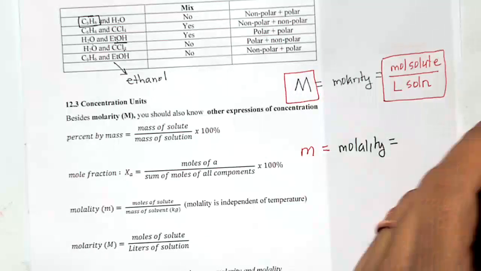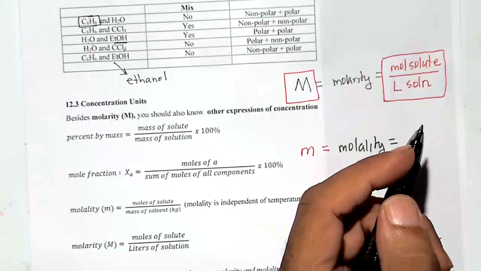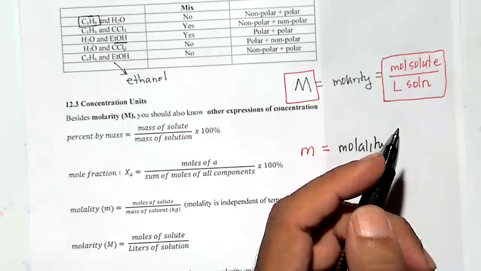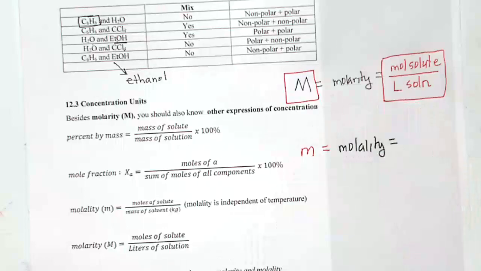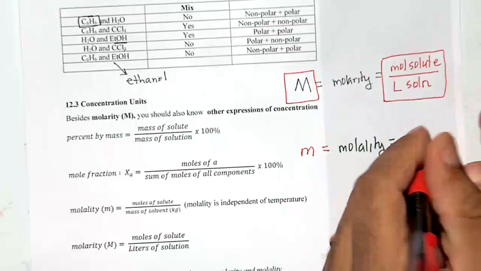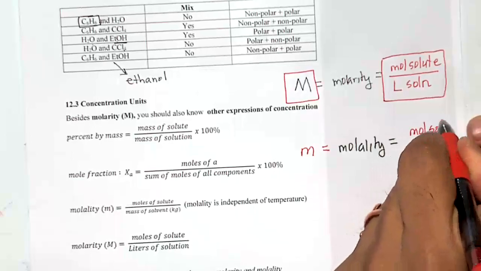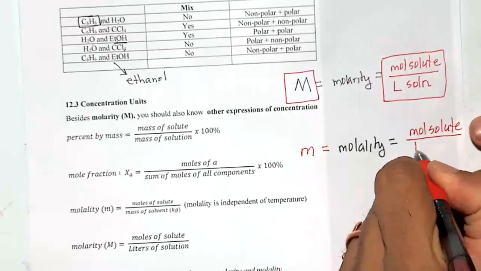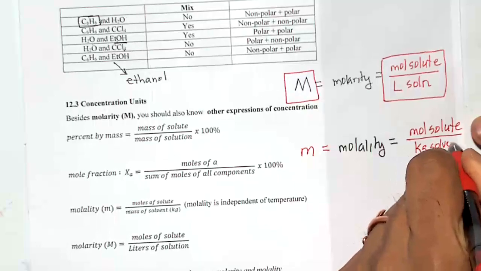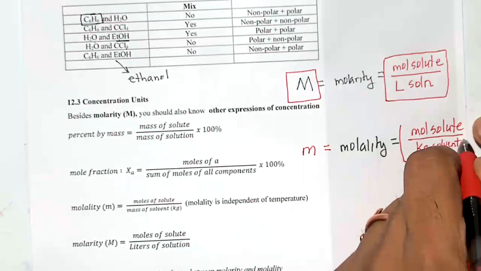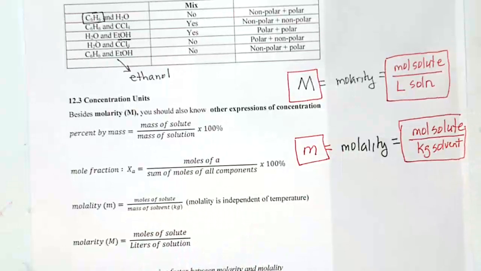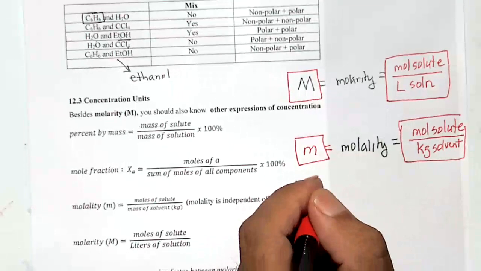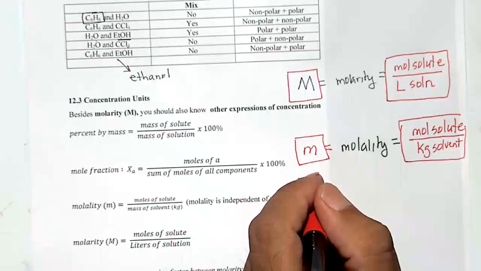Molality is moles of solute over kilogram of solvent. Moles of solute, just like molarity, but what is in the denominator? Right, kilograms of solvent. Molarity and molality: one is lowercase m, the other one is capital M.